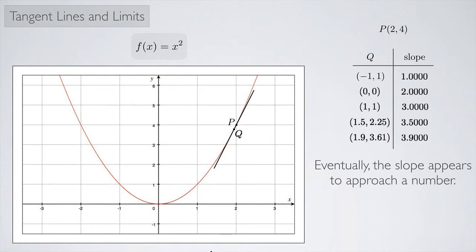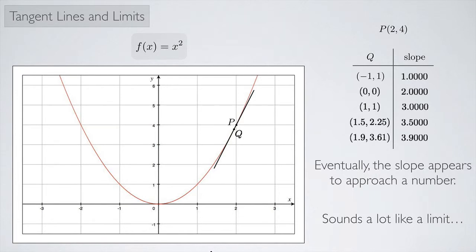And then I would take this number to be the slope of the tangent line. And then once I know the slope of the tangent line, I have the point P and I have a slope, I can get the equation of the line. So having something that approaches something else sounds an awful lot like a limit.